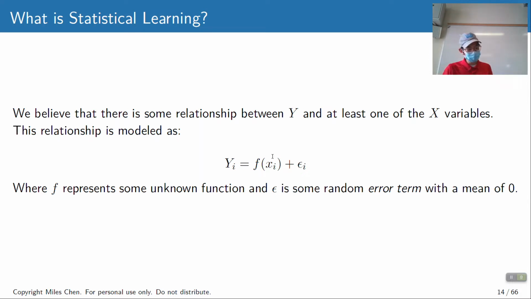Okay, so what is statistical learning? What we're saying is that in the real world, in the population, there is some relationship between some output variable y and a whole bunch of other stuff x going in. Okay, so we could say, let's predict how much someone weighs. We could say the person's weight y is a function of how tall this person is, and their waist size, and their gender, et cetera.